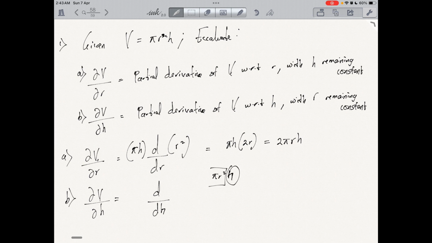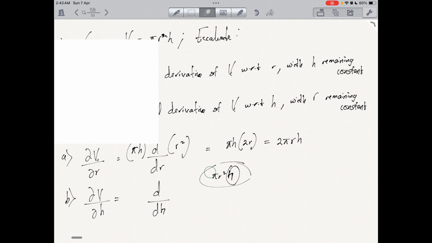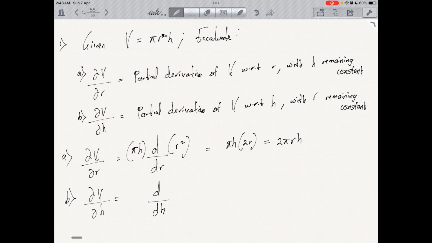Pi r squared is henceforth a constant. So we can now write this as pi r squared differentiating h. Differentiating h with respect to h will give us 1, and this is pi r squared.